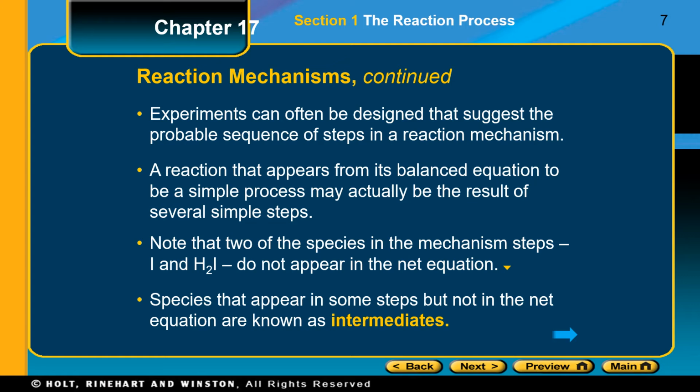These species that appear in some steps but not in the net equation are called intermediates. So the iodide ion and this H2I molecule are called intermediates. They're there for a little while, sometimes just very briefly, and then by the time the reaction has completed, they no longer exist. So they're just like temporary structures.